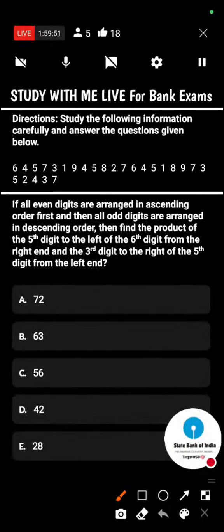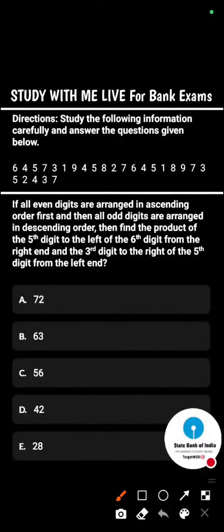Let's see this one. If all the even digits are arranged in ascending order first, and then all the odd digits are arranged in descending order, then find the product of the fifth digit to the left of the sixth digit from the right hand. First we need to write the sequence. Ascending order even numbers. First we are taking 2. How many 2s do we have? 1 and 2.